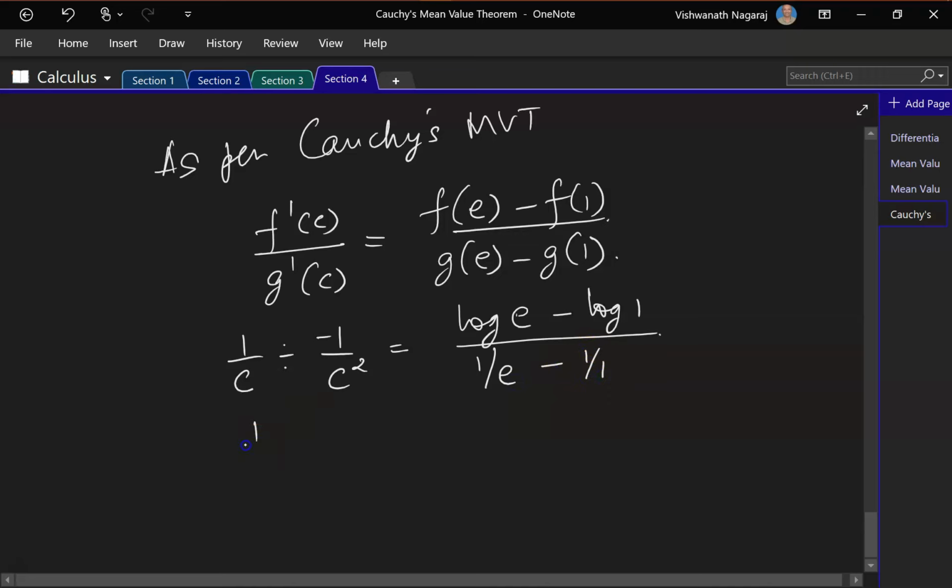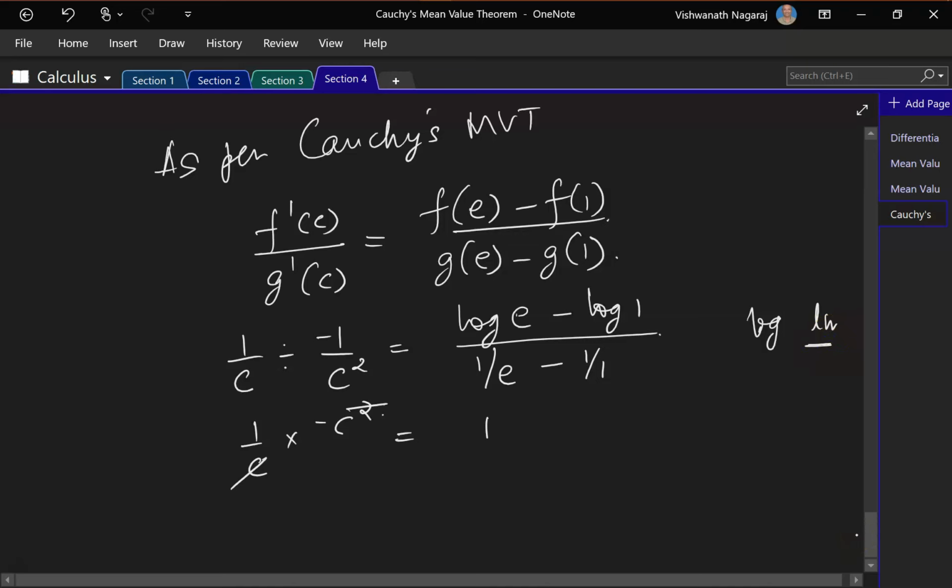Okay, now we can say 1 by c times minus c square, this and this get cancelled. Log of e is 1. Here remember, in higher mathematics, log and natural log, when we say log, we invariably mean natural log.